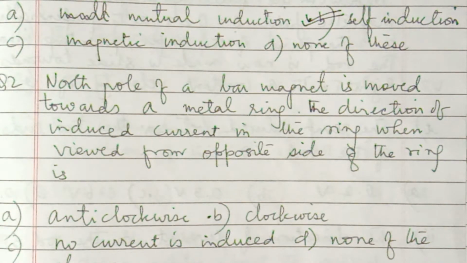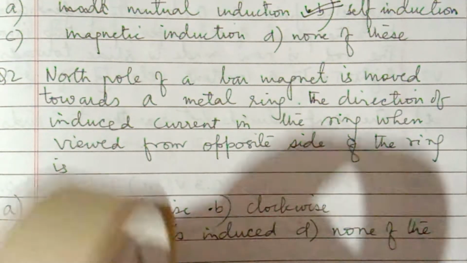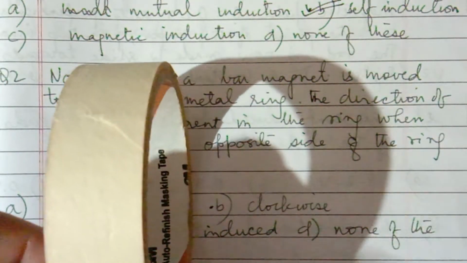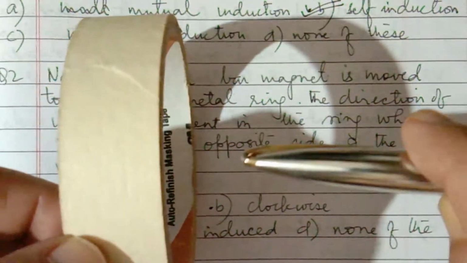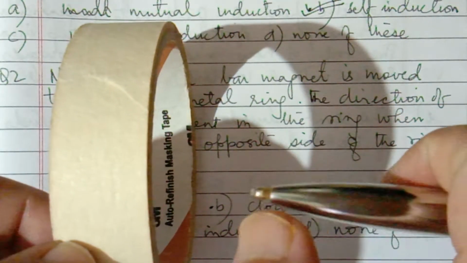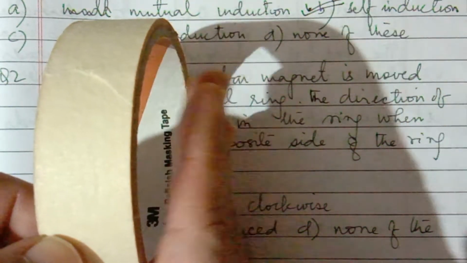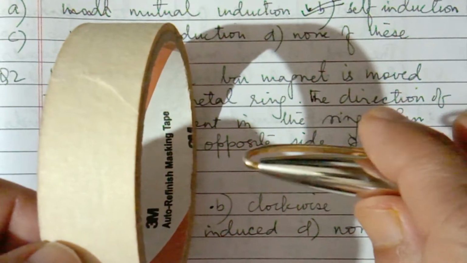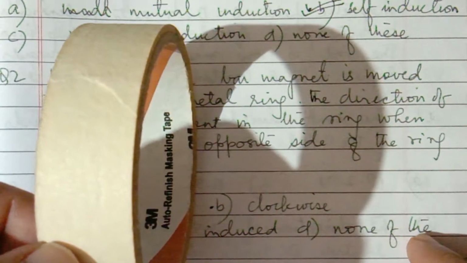Now when the magnet is brought towards the coil, an electric current is set up here, and this current will oppose the cause. So what is the cause here? The approaching north pole. To repel this north pole, the current should be induced in such a way that this face of the coil has a north pole, because it has to oppose or repel this north pole.